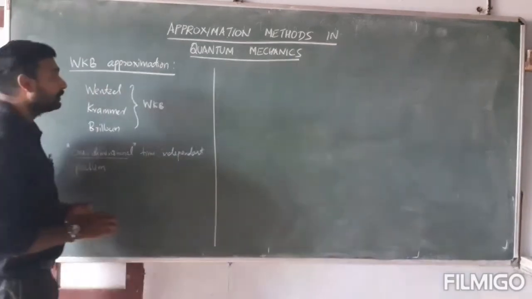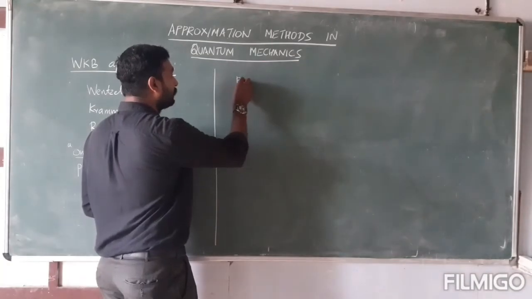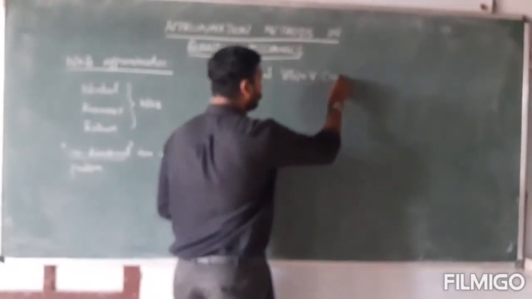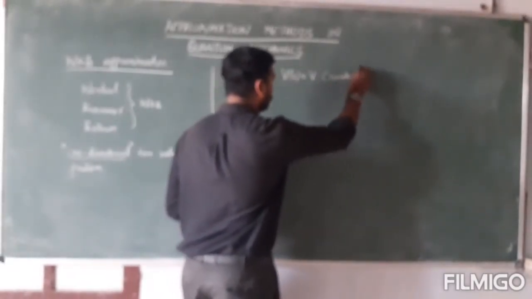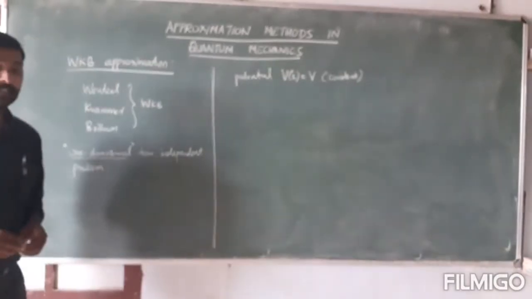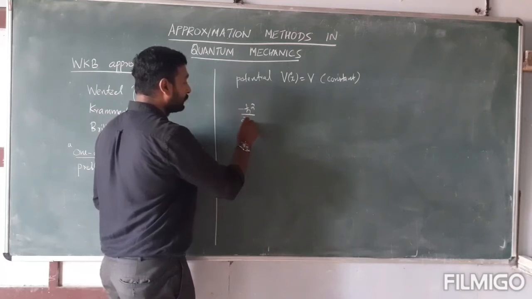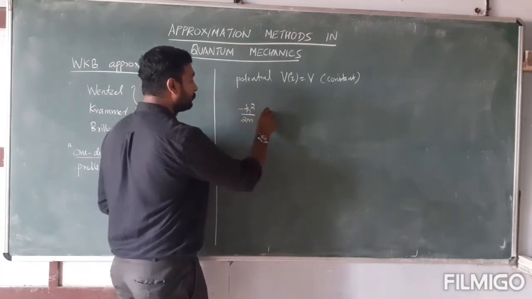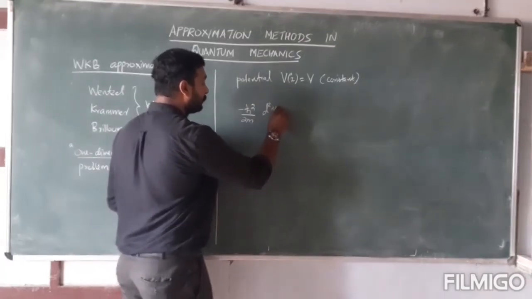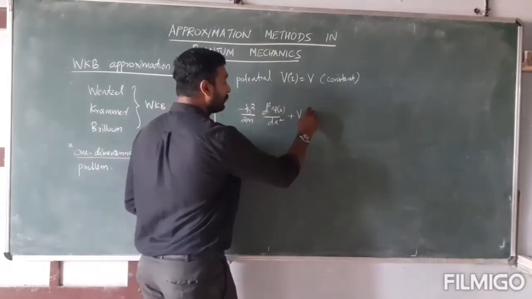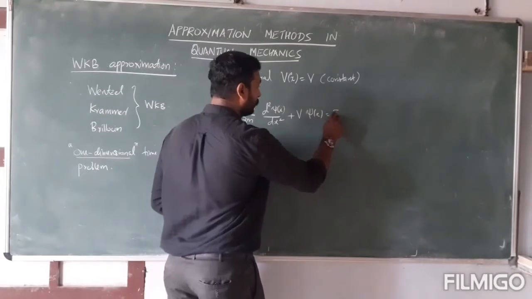Consider a system with potential V of x equal to V, which is a constant. Then the Schrodinger equation for the one dimensional problem I can write as minus h bar square by 2m d square psi of x by dx square plus V psi of x equal to E psi of x.